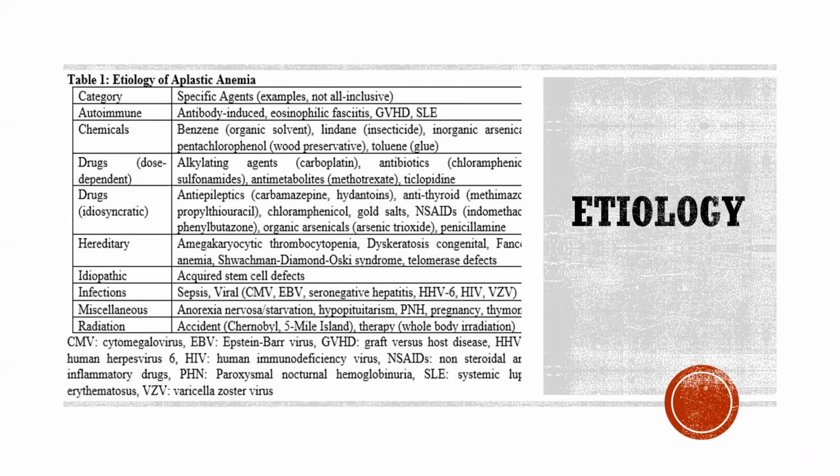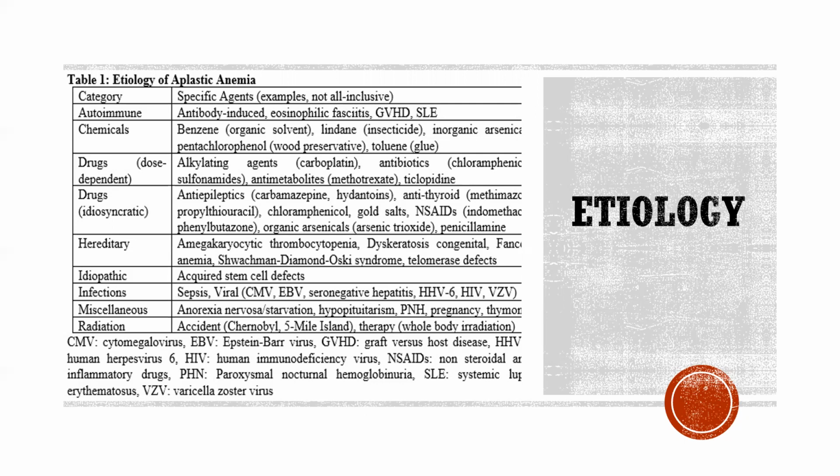The etiology of aplastic anemia has many varieties, from autoimmune disorders and chemical exposure to drugs, for example antibacterial drugs or alkylating agents.